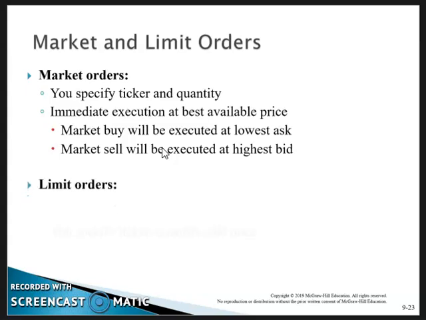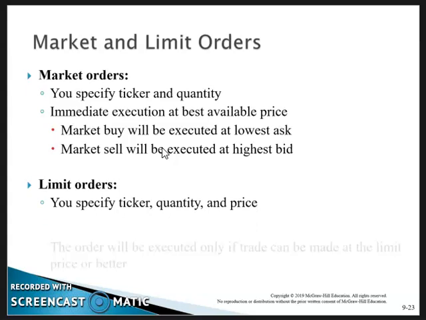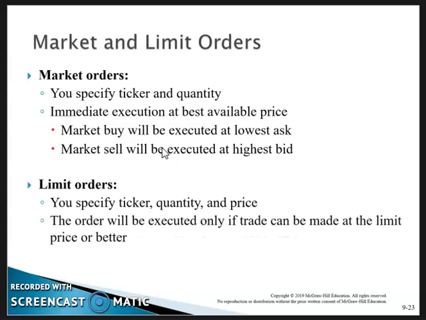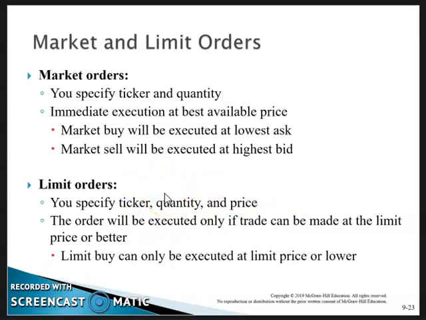Limit orders, you specify the ticker, the quantity, and the price. The order is executed only if the trade can be made at the limit price or better. So a limit buy can only be executed at the limit price or lower.